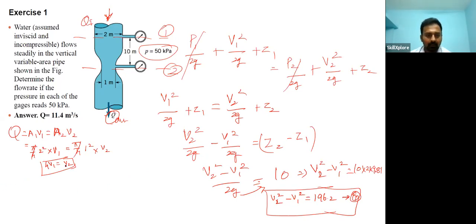So we'll get, substitute in the first equation, 4V1 whole square minus V1 square is equal to 196.2.